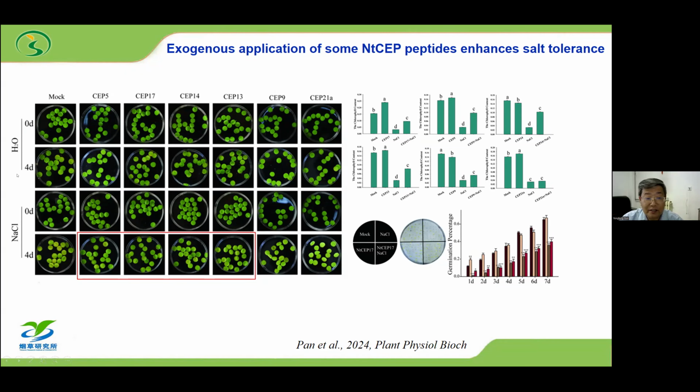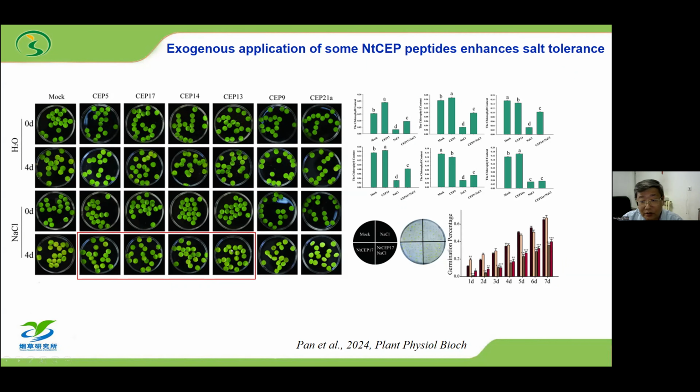So you can see the top 2 rows are water treatment. After 4 days, essentially there's not much change, especially for the wild type leaves. But when you have 150 millimolar of sodium chloride, you can see yellowing of these leaves under salt treatment.